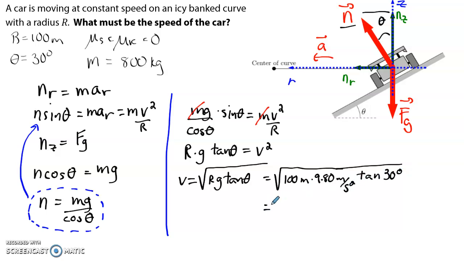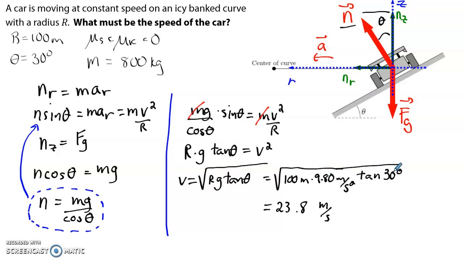And doing the calculations, you see that meters times meters over second squared, so we'll have meters squared over second squared, square root. We indeed get meters per second. That's good. And doing the math, we'll get a value of 23.8 meters per second. So this is the speed of the car. And as discussed, it depends only on r, g, and theta.